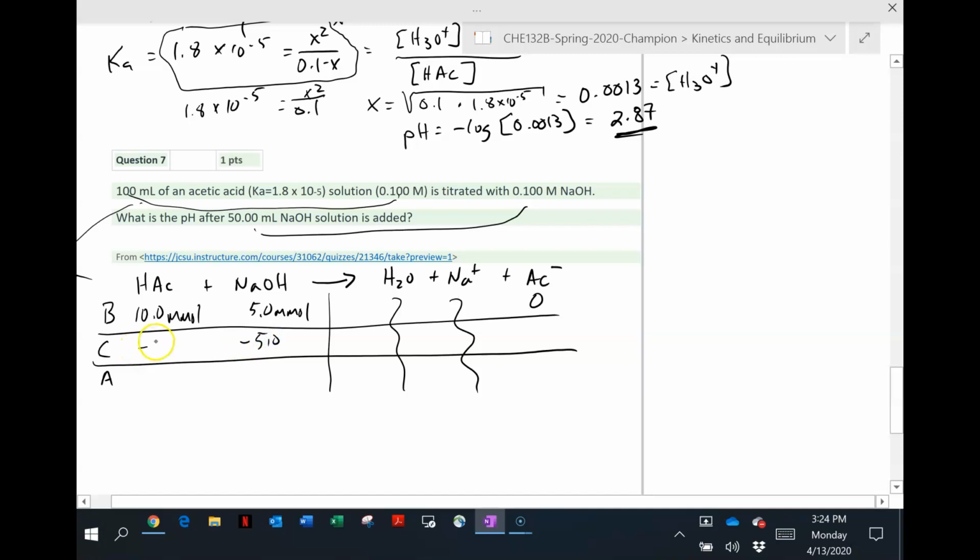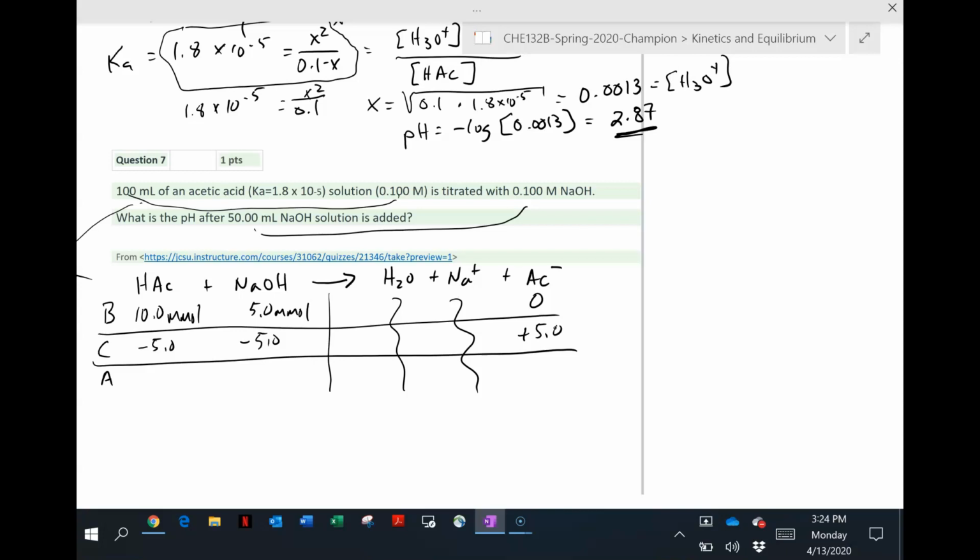We're going to have 5 millimoles of the acetic acid react, and we're going to produce 5 millimoles of acetate ion as a result of this. And again, all of this, we have to take into account the coefficients, but fortunately here they're all ones, so it's -5, -5, and +5 on the product side.